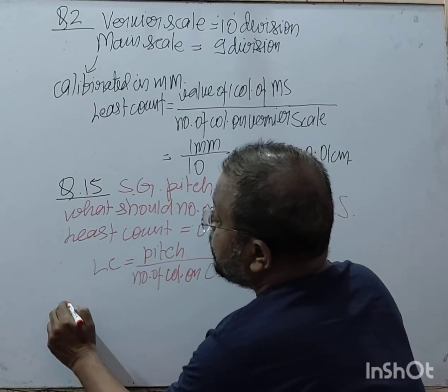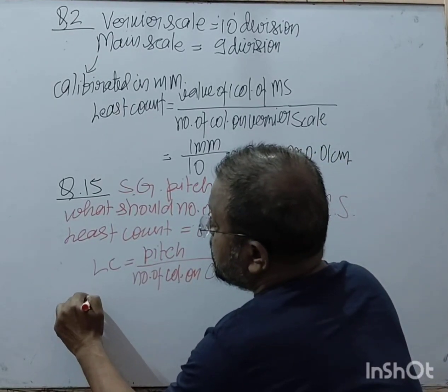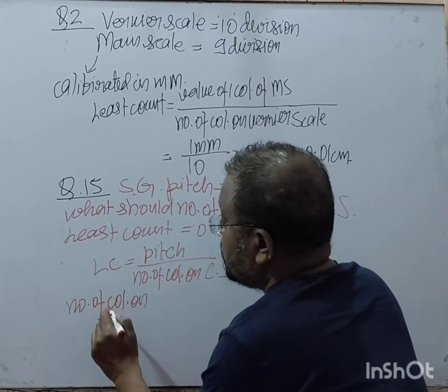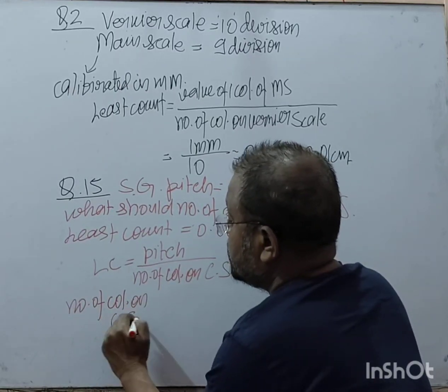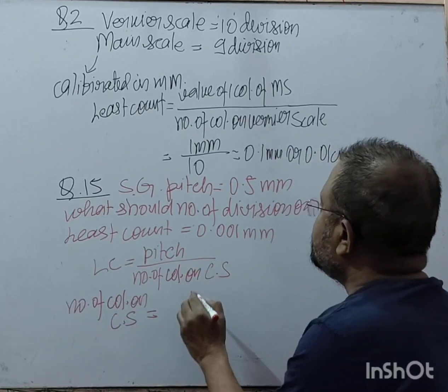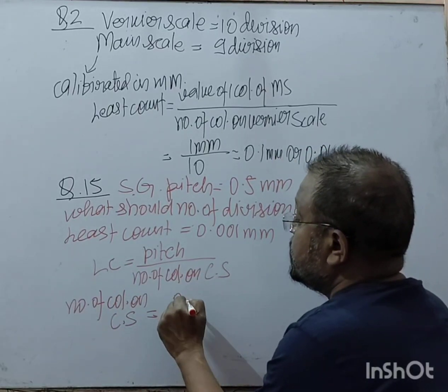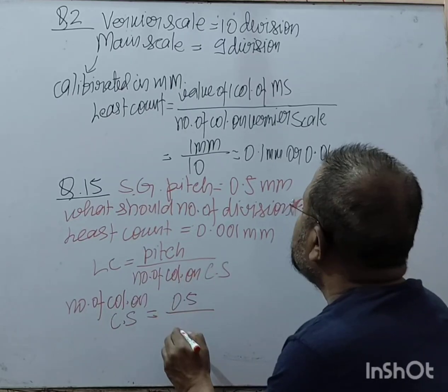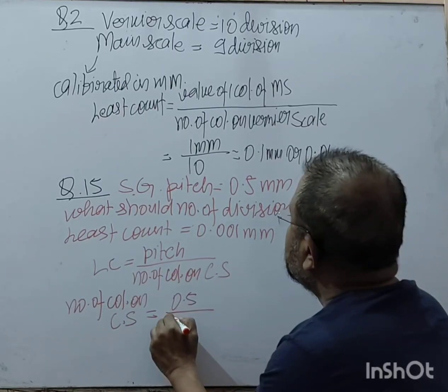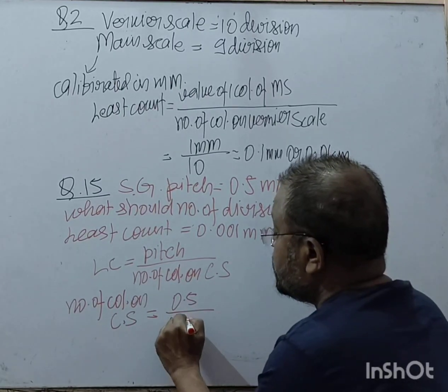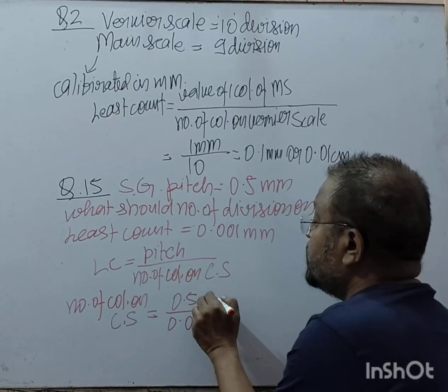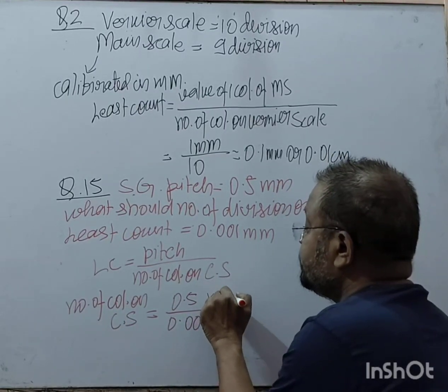So the number of divisions on the circular scale is equal to pitch 0.5 upon least count 0.001.